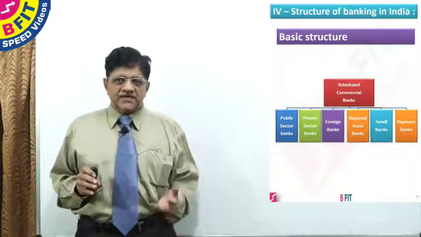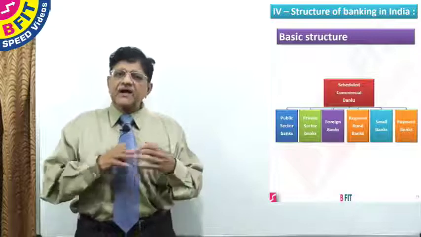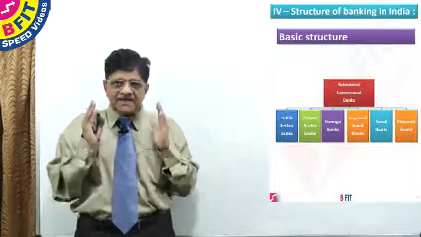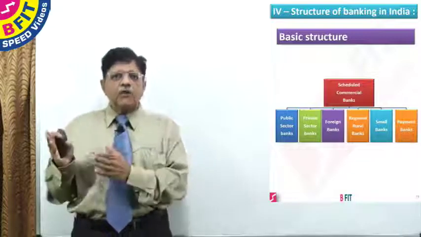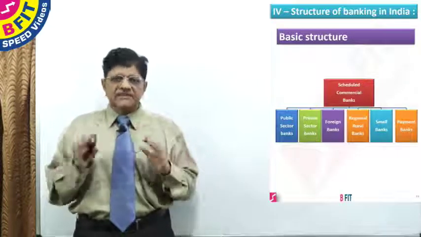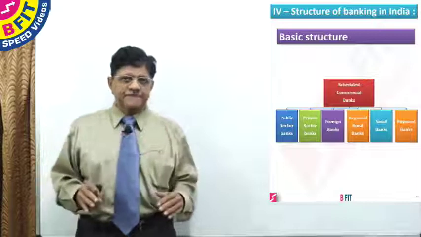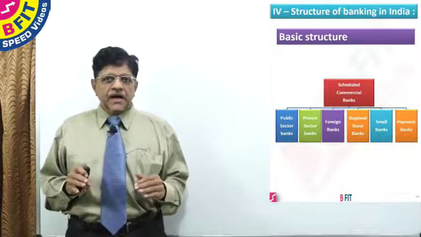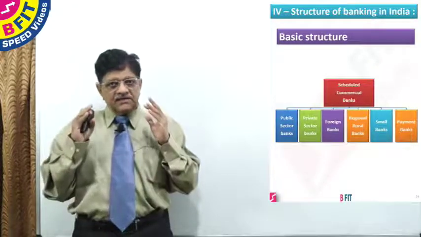Scheduled banks, scheduled commercial bank. What is a commercial bank and a cooperative bank? Commercial bank is a for-profit organization. Cooperative bank is a welfare organization. In India, we have both types of banks.